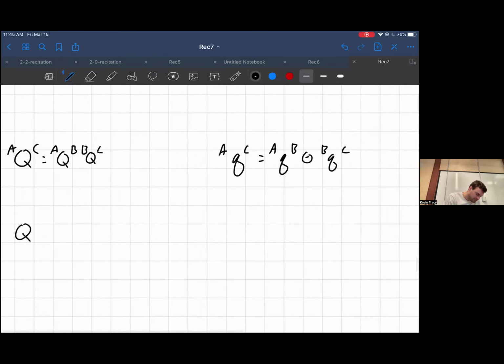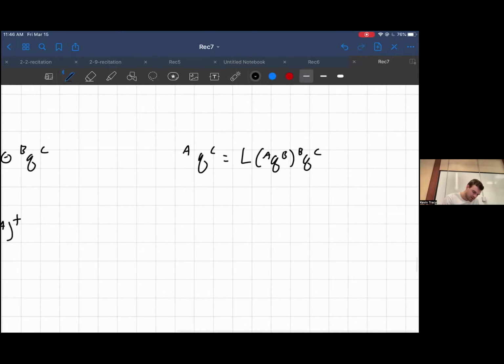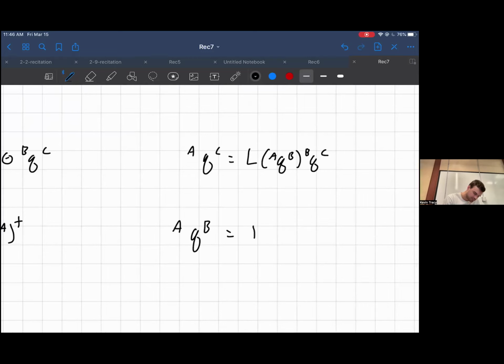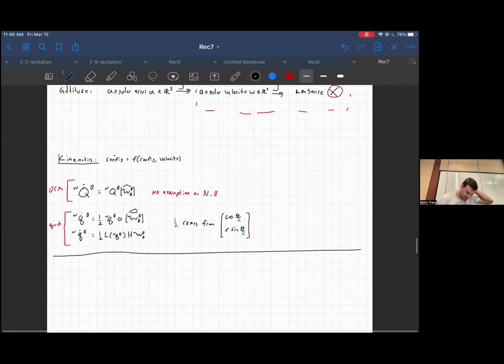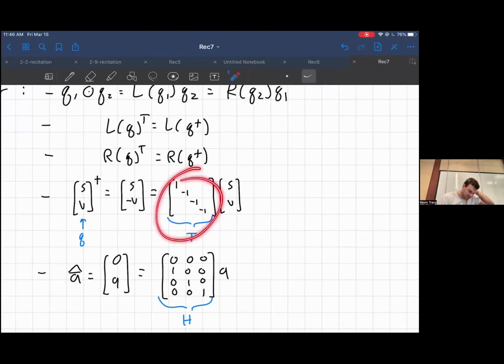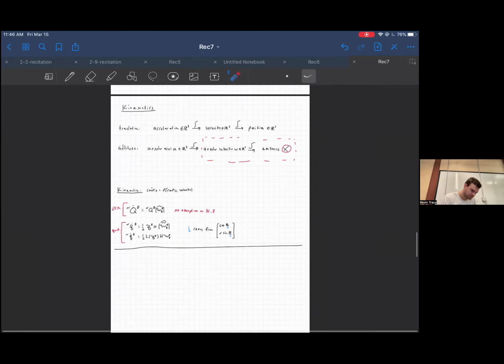So Q AB equals Q of BA transpose. Q of AB equals Q BA conjugate, which in matrix math is just this T matrix, which I define here.